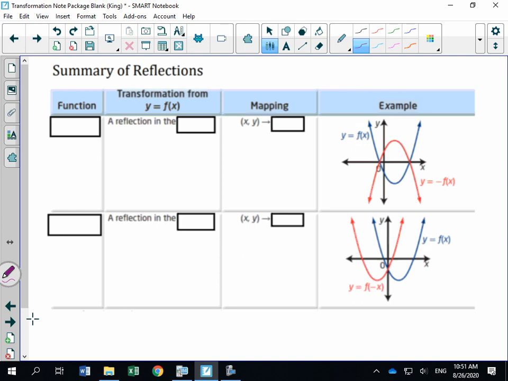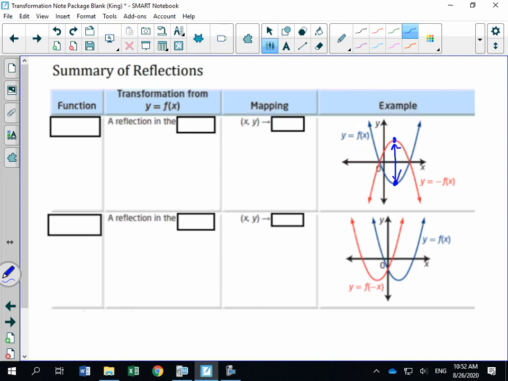Okay, so the types of reflections are, so this graph here was the original graph, and this is my transformed graph. So we need to say like this point on my original graph is now that point up there, or vice versa.